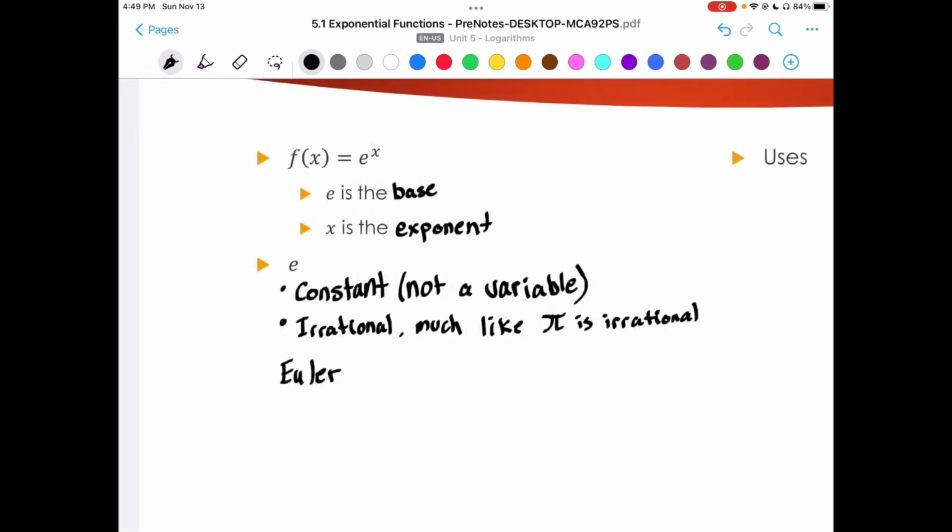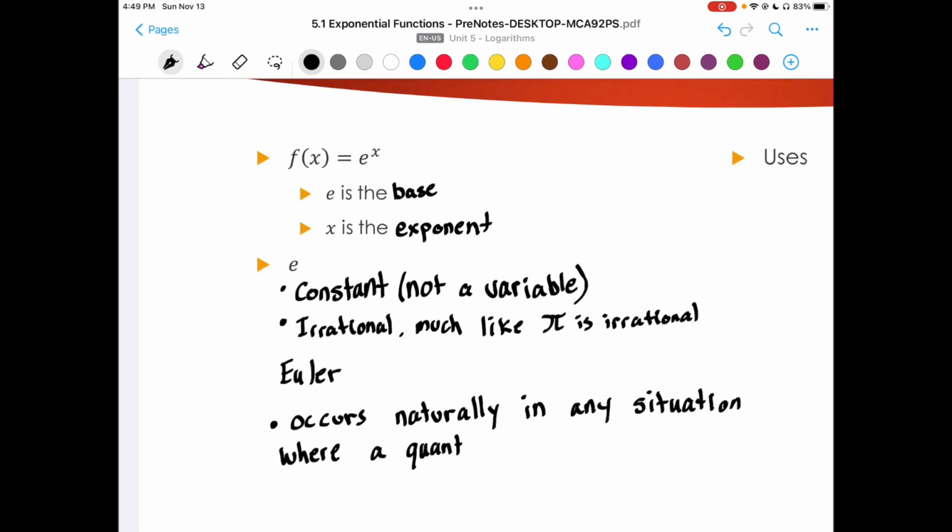And what it does, this number e, we'll say it occurs naturally in any situation where a quantity increases at a rate proportional to its value.